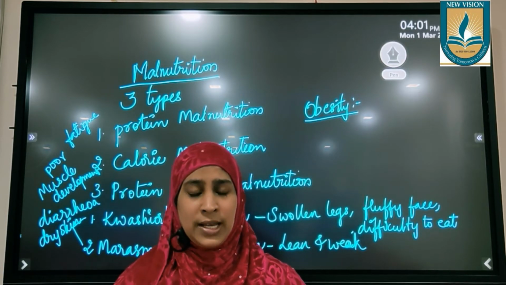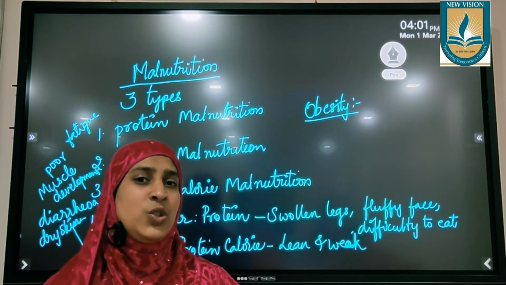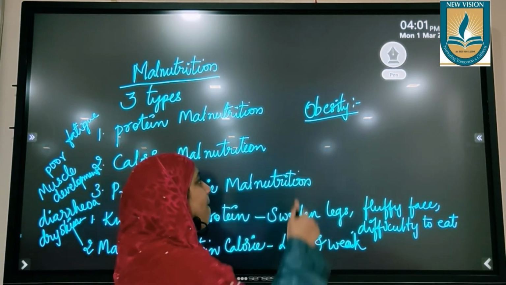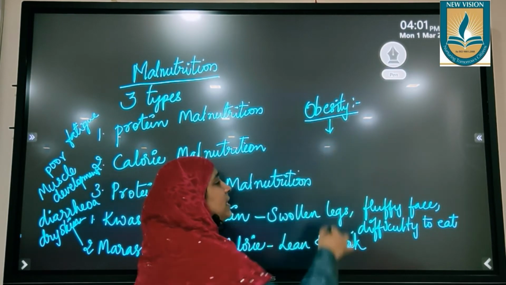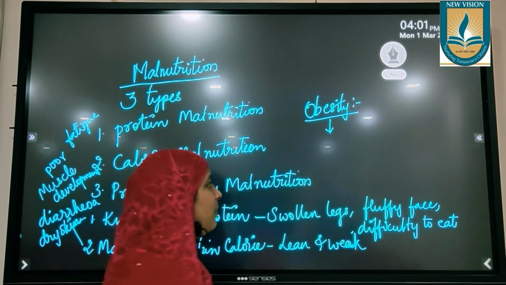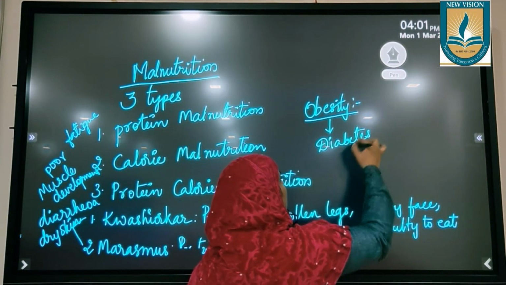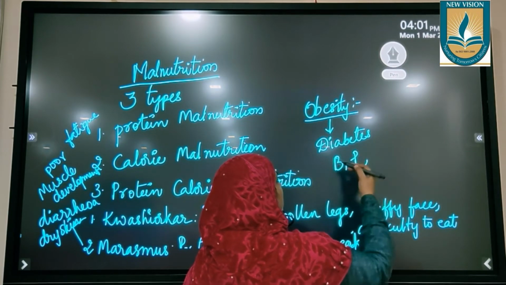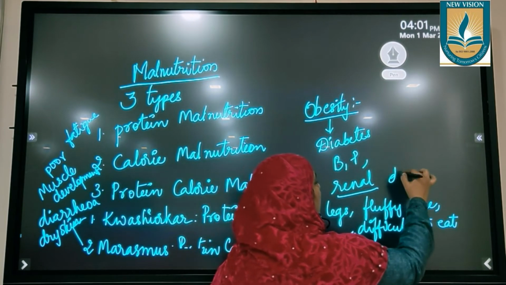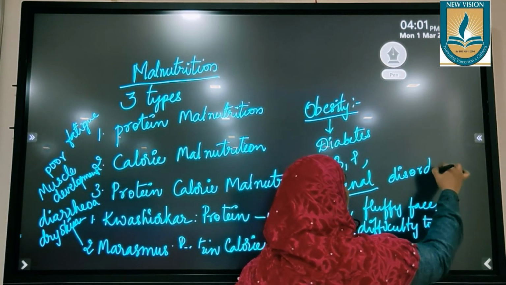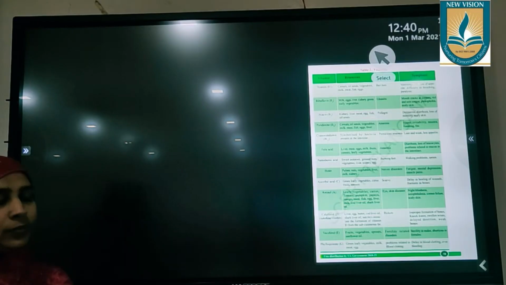Whatever excess energy the body has, it stores, usually under the skin. This leads to a condition called obesity. Obesity is a serious problem. It leads to diabetes, BP, renal disorders, renal meaning kidney related disorders, and various other conditions.